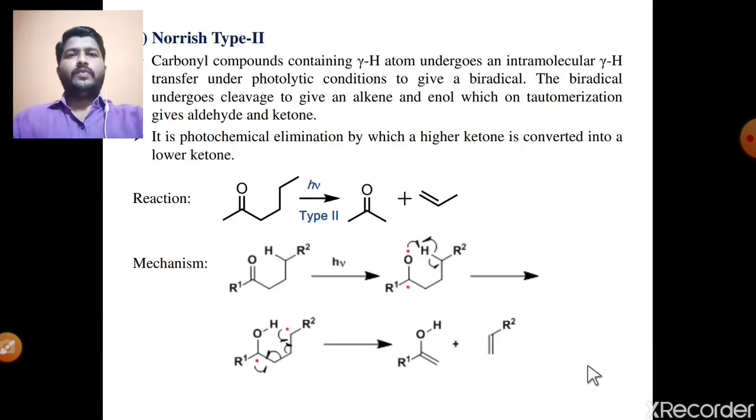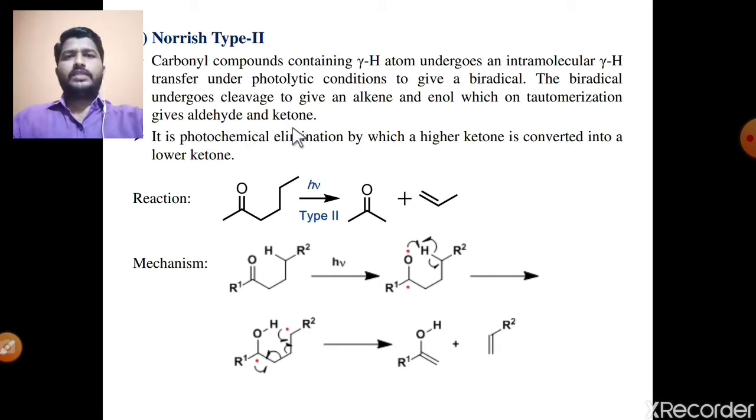Okay. Next one is the Norrish type second reaction. See, carbonyl compounds containing a gamma hydrogen atom undergo an intramolecular gamma hydrogen transfer under photolytic condition to give a biradical, and the biradical undergoes cleavage to give an alkene and enol, which on tautomerization gives aldehyde and ketone molecule.